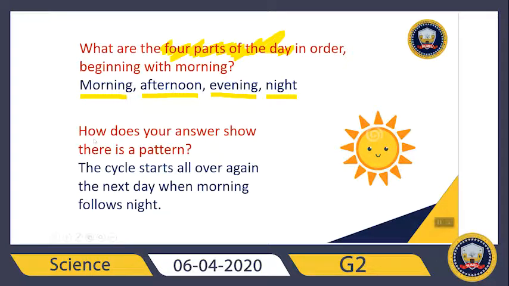Let's see this one. How does your answer show there is a pattern? How can we know that there is a pattern? The cycle starts all over again the next day when morning follows night. So it's like a cycle.